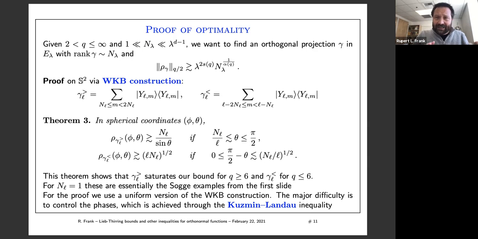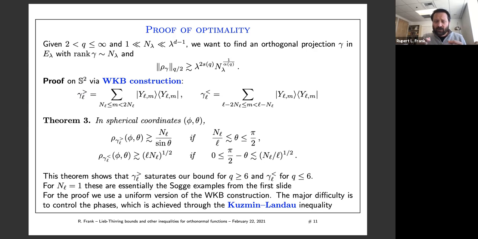So we have NL functions that we need to take, and we just take the first integers from 0 up to NL. That does not quite work. You need to throw away the first for technical reasons, but morally think of this as just taking the first M values and looking at the corresponding projection. And then I said, when you want to localize functions in an LQ with a small q, q less than 6, then you want to do this around the equator, right?